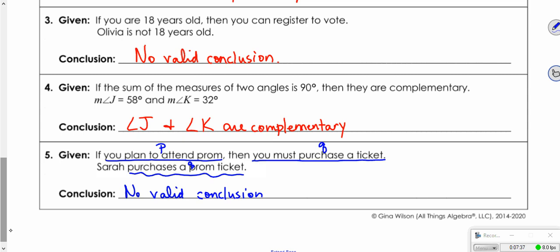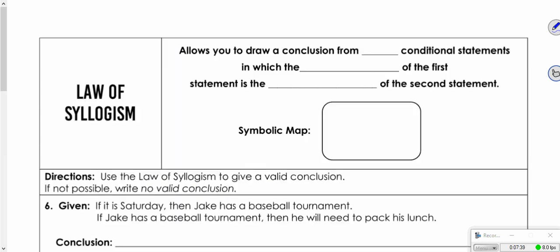Okay, now let's switch from law of detachment to law of syllogism. The law of syllogism allows you to draw a conclusion from two conditional statements in which the conclusion of the first statement is the hypothesis of the second statement.